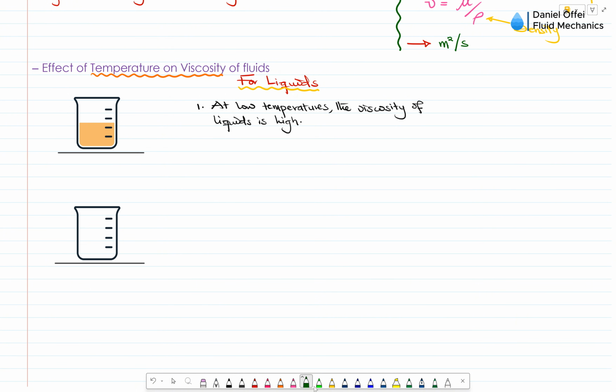So for instance, oil in a fridge behaves as if it is becoming a solid, that is, high viscosity. The moment we put fire under this cold oil, we realize that it begins to flow easily. What this means is that the energy from the heat has broken down some of the attractions between the layers such that they can easily slide over each other.